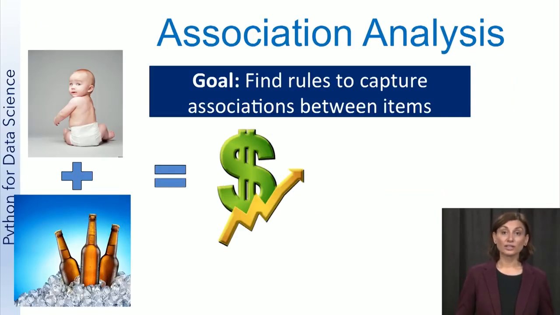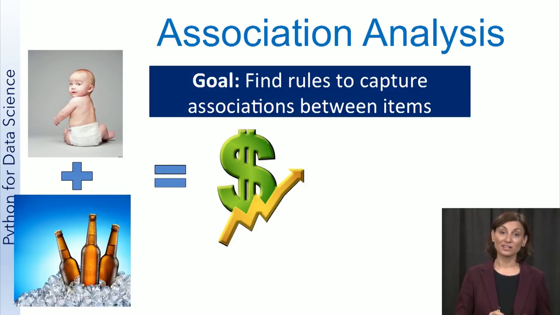The goal in association analysis is to come up with a set of rules to capture associations between items or events. The rules are used to determine when items or events occur together. A common application of association analysis is known as market basket analysis, which is used to understand customer purchasing behavior.